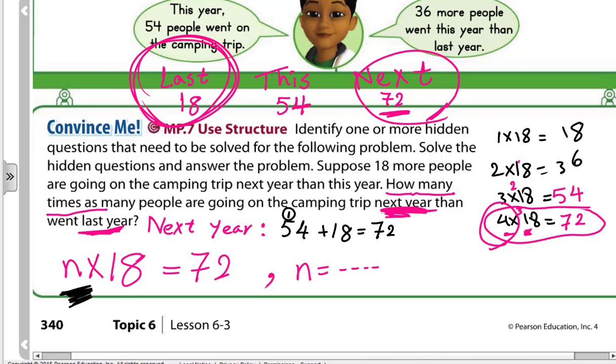So N equals 4. So the answer to the main question, how many times? The answer is 4 times. 4 times the last year is next year. Yes. Okay, thank you, my hero.